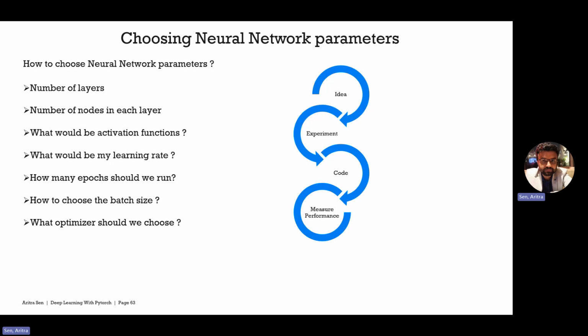Unfortunately, there is no straightforward answer to these questions. What you need to do is come up with an idea, do a certain experiment, write the code using those parameters of your neural network model, and then measure the performance of the model.